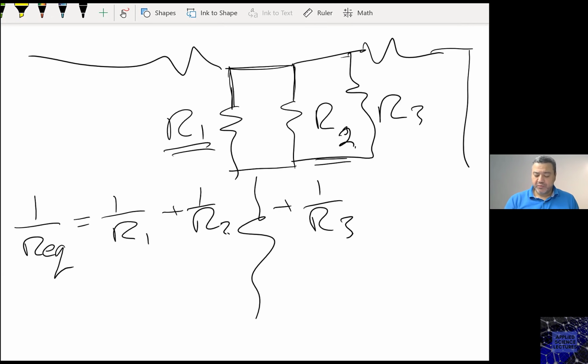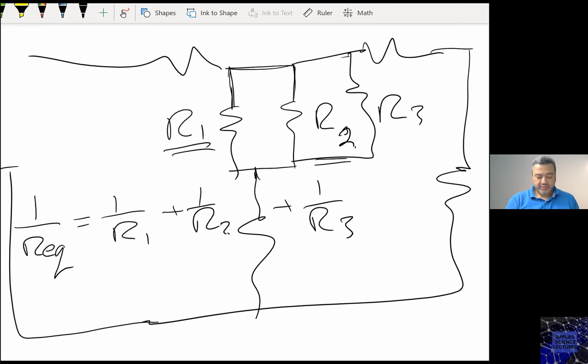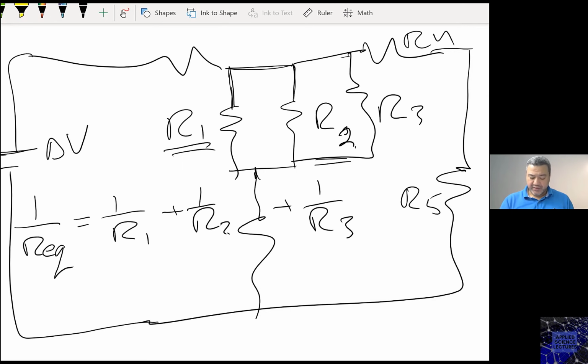Now let's assume I have this circuit, as you can see here. For that circuit, if this is R3, this is R4, this is R5, and this is R6, we can say that R4 is not connected in parallel with R3.